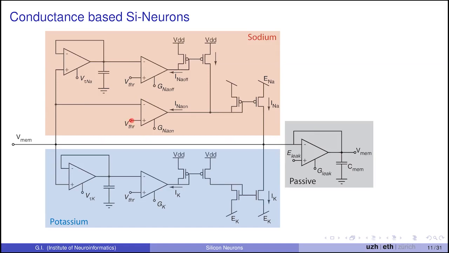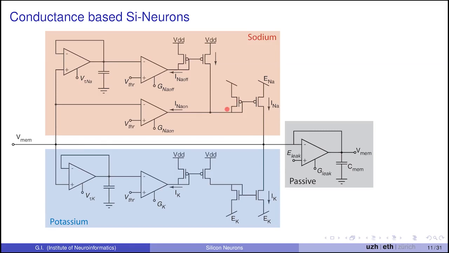So when we reach V threshold and go above V threshold, the first op-amp to turn on is this one. The output will go from VDD to 0. So we turn on this PFET and we put 0 here, but this PFET is switched off because the delayed version has not reached that level yet.